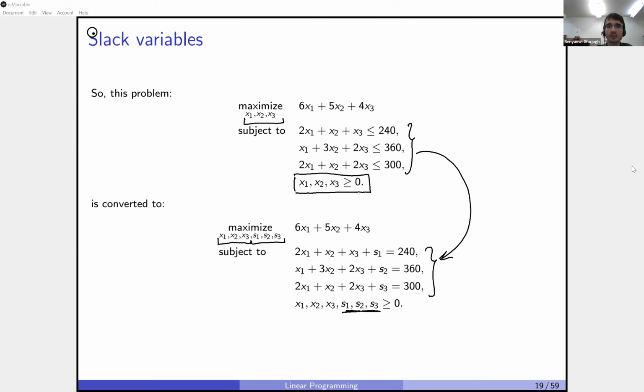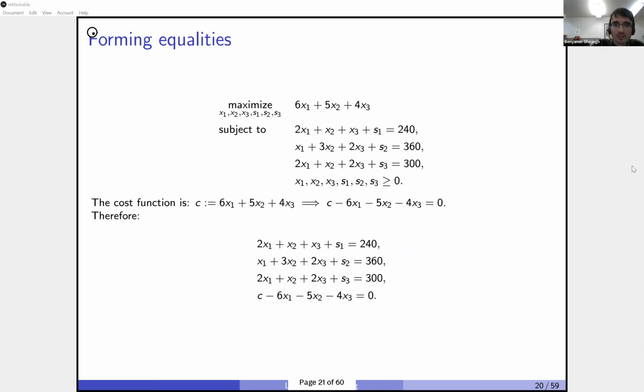Great. So now here, the cost function, let's call it C. This means define. Let's call it C, and so this is the cost, or the objective function, doesn't matter.